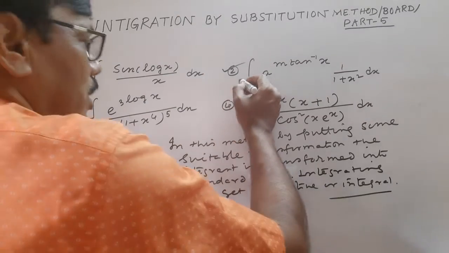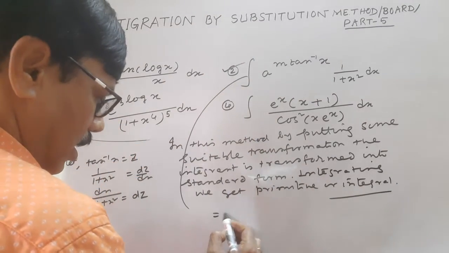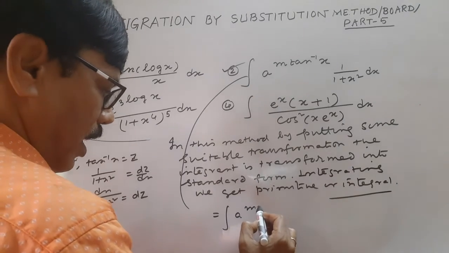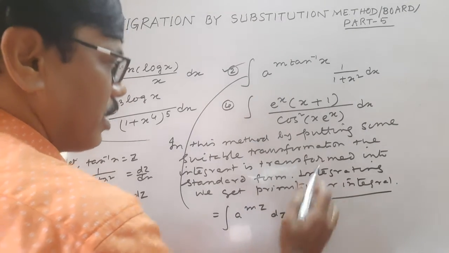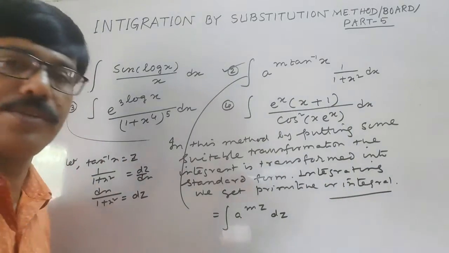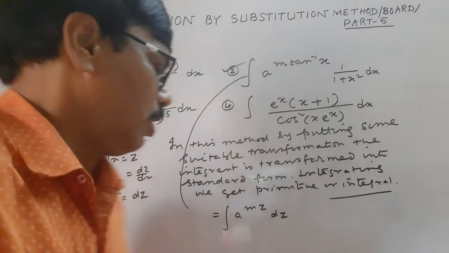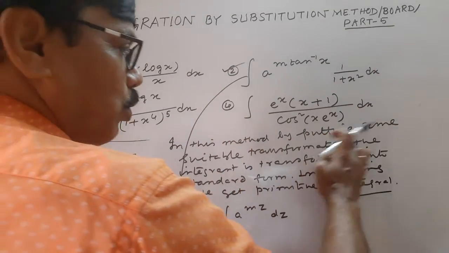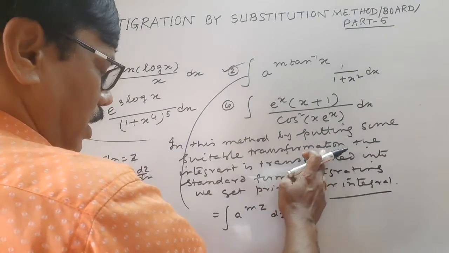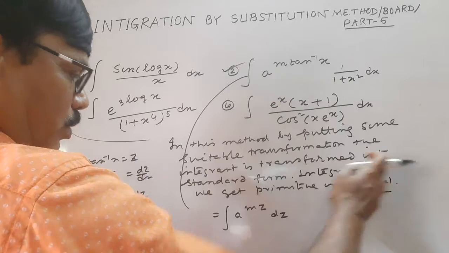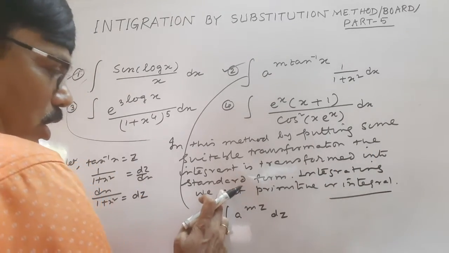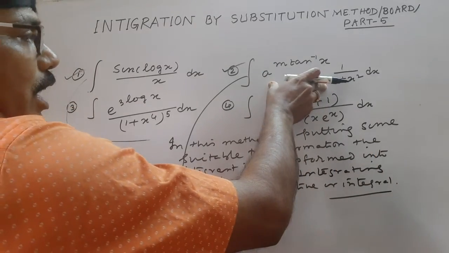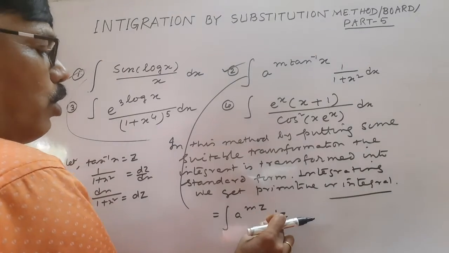So look, this integration becomes a to the power mz dz. So now it is in standard form. In this method, by putting some suitable transformation, the integrand is transformed to standard form. This is the integrand and this is standard form.